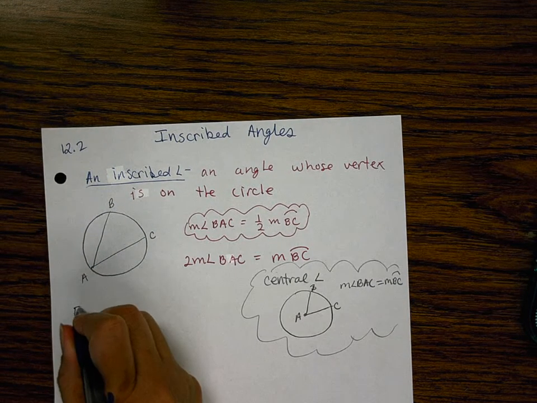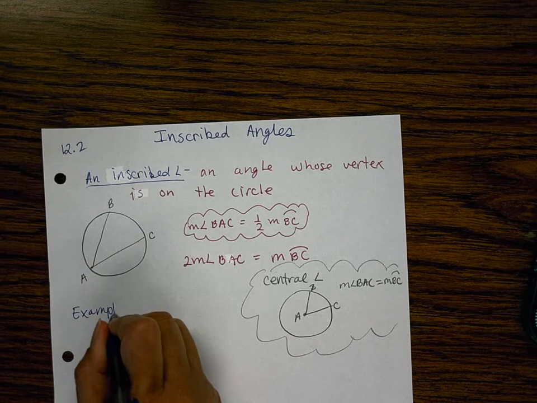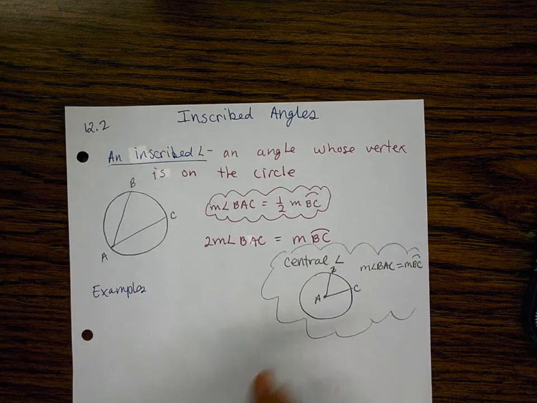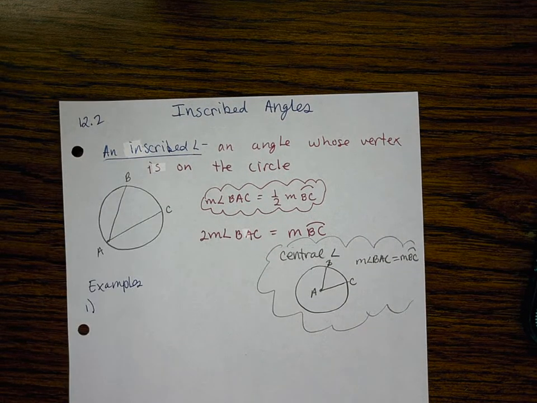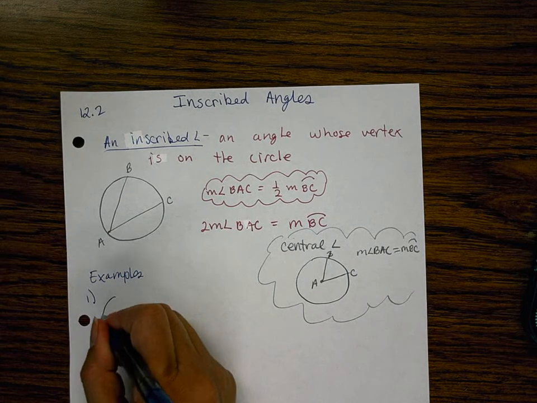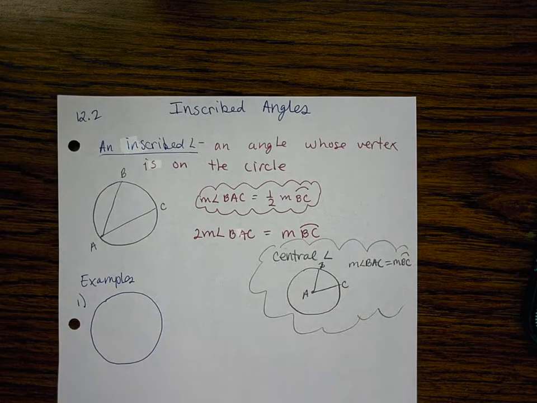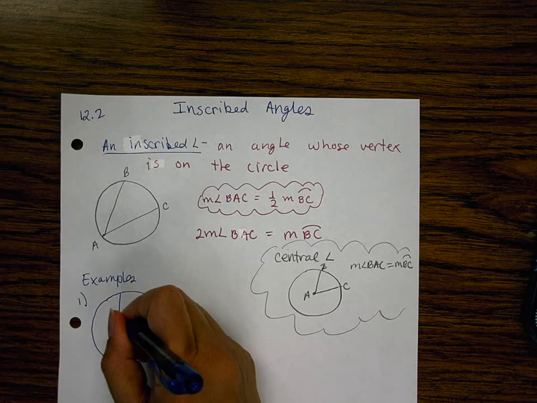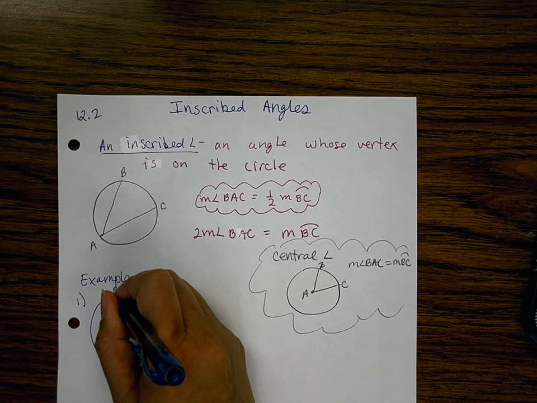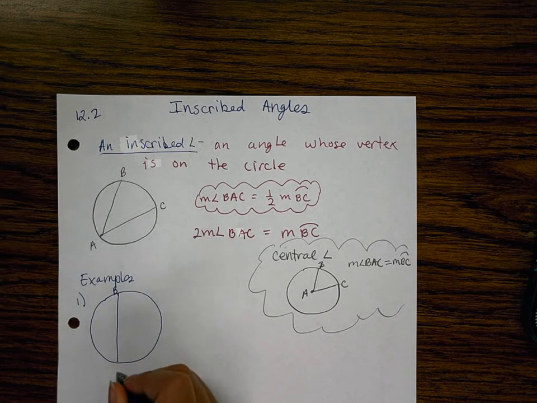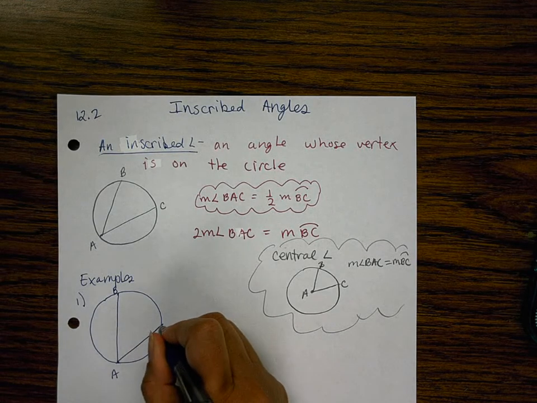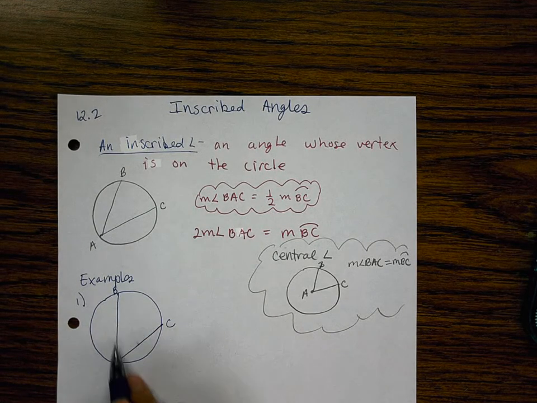Okay, examples. Number 1. Let's draw a picture. That point there is B, this point here is A, and this point here is C. So these are just chords.